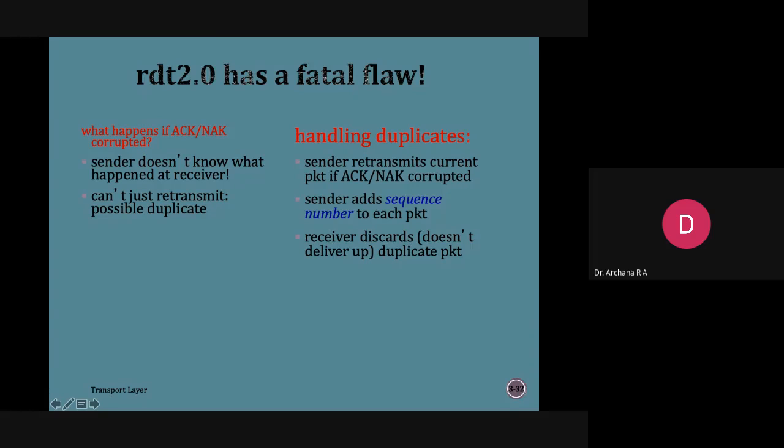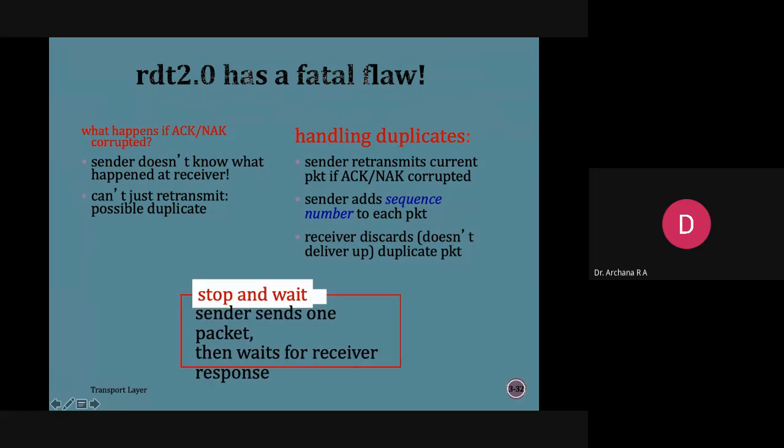That's why, if you add a sequence number, the receiver side is able to identify that this packet already exists and is a duplicate packet sent by the sender. So there is no need to accept it, and we can discard it right there. This is how we identify the fatal flaw.